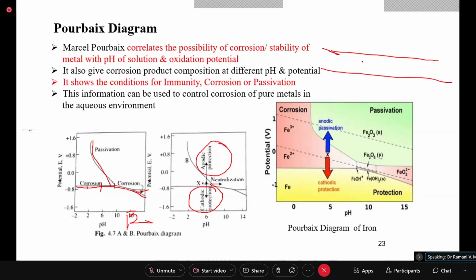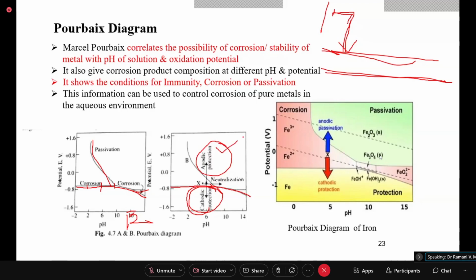Now if you render this as a cathode, okay, by connecting a negative terminal of battery, so you are making your pipeline behave like a cathode, and that is rendering your pipeline as a cathode. So that is termed as cathodic protection. So this part of the graph is the cathodic protection part.